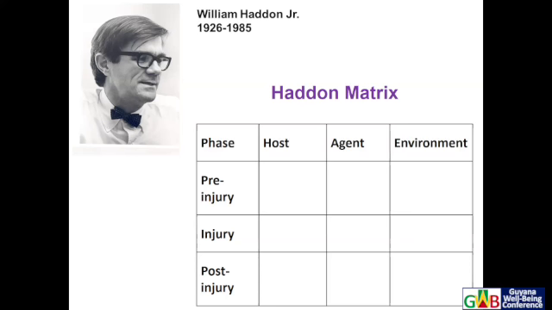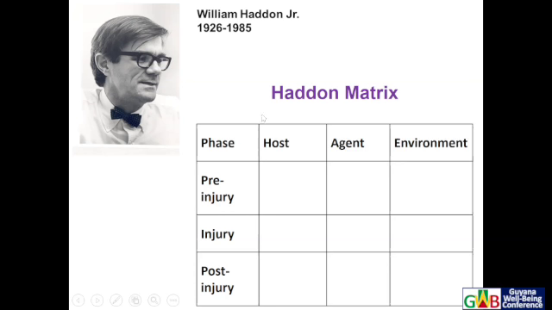Then he moved to DC and was the founding administrator of the National Highway Traffic Safety Administration, and has been widely viewed as the founding father of injury epidemiology and prevention. And the Haddon matrix basically is a 3x3 matrix, and the role dimension here has the three elements of the epidemiological triad: host, agent, environment.